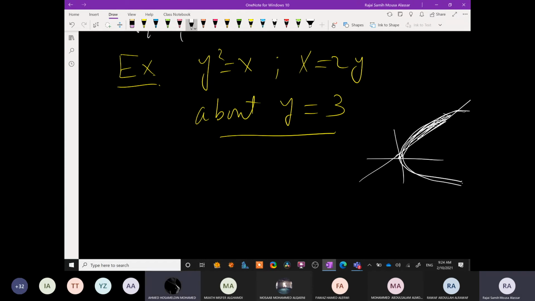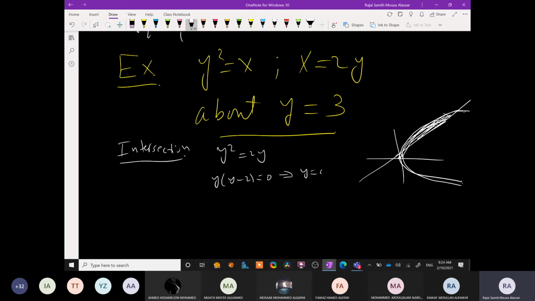You think so? Yes. Okay, let's find the intersection point. We're saying that x is equal to x. So what does that mean? That y squared is equal to 2y. So y times y minus 2 is equal to 0.